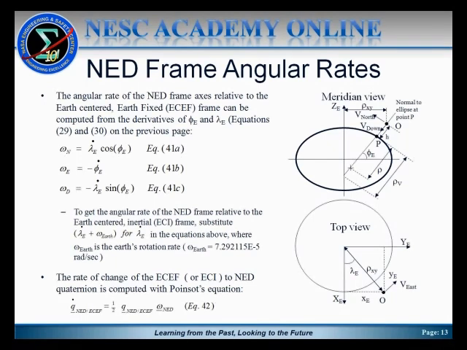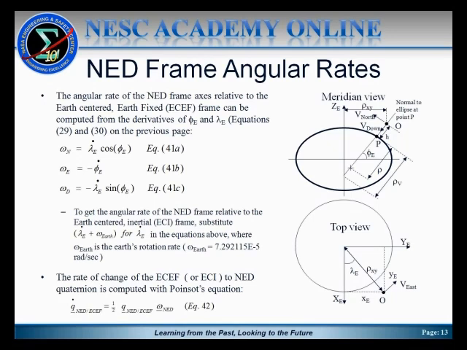So equations 41A, B, and C are the equations that you would use to compute at any given time what the rotation rate about the north axis is, or the x-axis in this frame, or in this instance, the east angular velocity, or the angular velocity about the y-axis of the frame, and finally the angular velocity about the z-axis or the down axis.